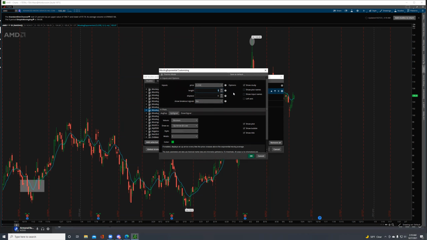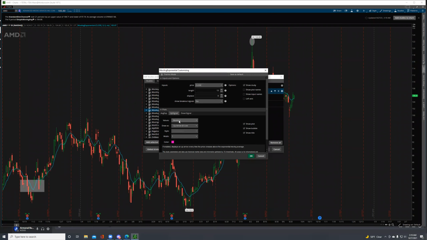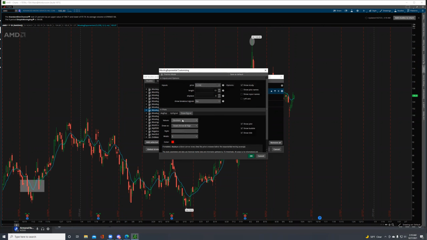Let's go maybe the 13. Close price, breakout signals. We're gonna make it like a nice magenta color, and set it at 5, 5. So down signal, we're gonna make this one, since it's bigger, let's actually make it red.